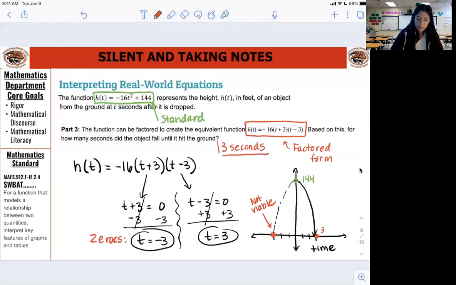So that's how we do it if you have factored form. Think about it for a moment. If you haven't written it down, write things down, and we'll do a few more examples.